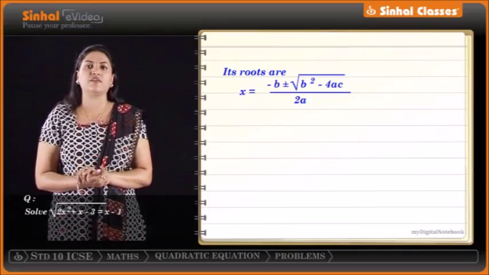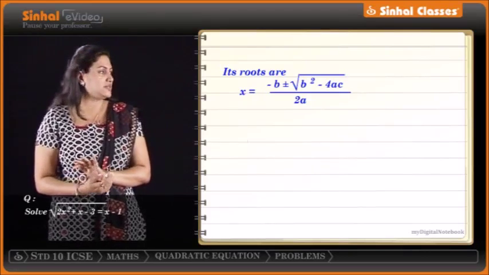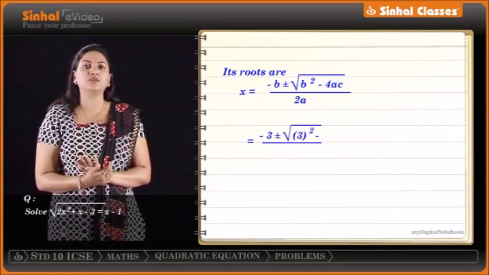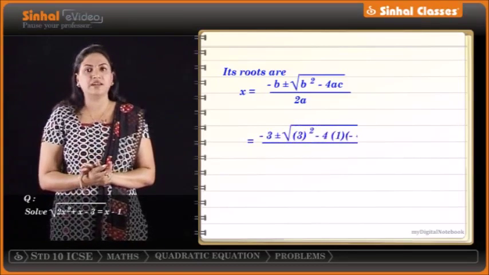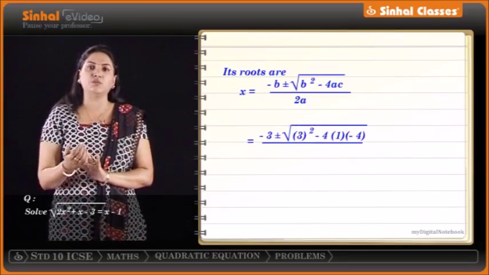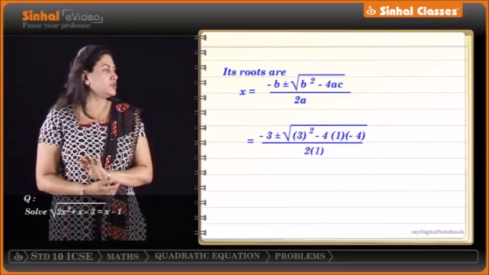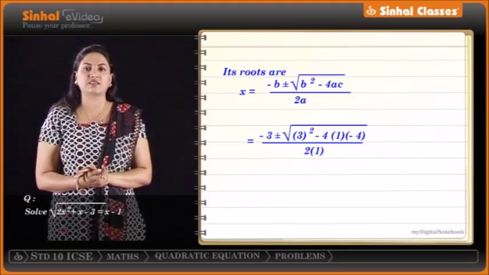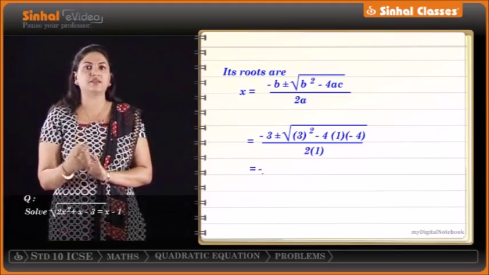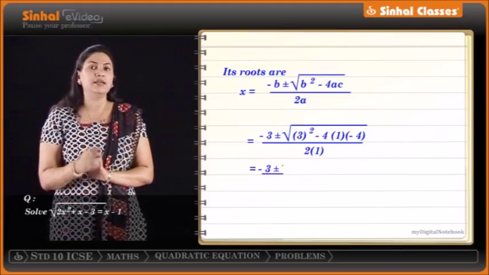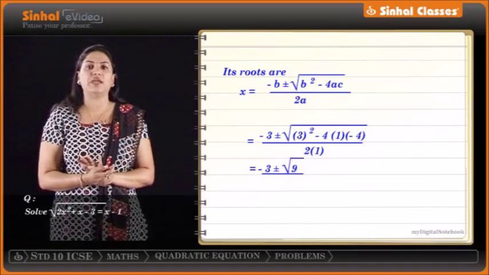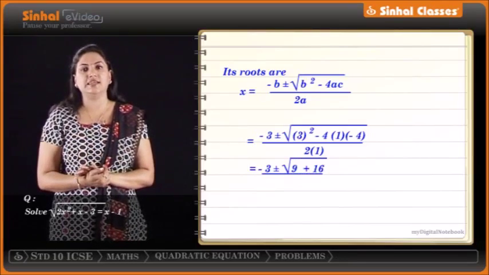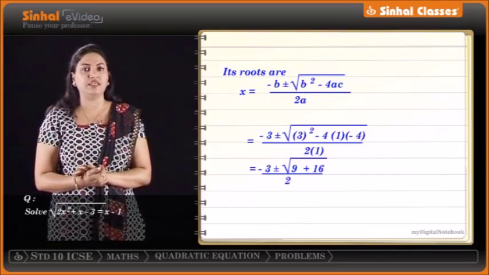Substitute the values of a, b and c to get minus 3 plus or minus root 3 square minus 4 into 1 into minus 4 upon 2 into 1, which is simplified as minus 3 plus or minus root 9 minus 4 into minus 4 plus 16. So in the root we have 9 plus 16, that is root of 25.